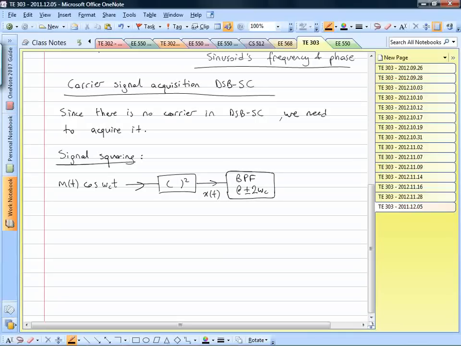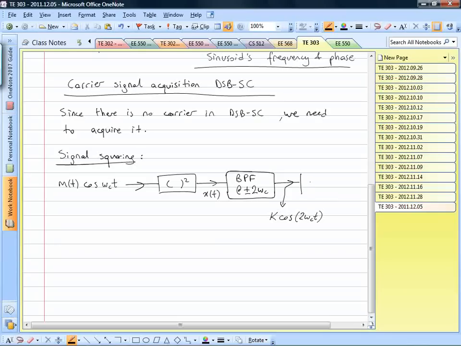And then you obtain something here, which is going to be a pure sinusoidal signal at double the carrier frequency.